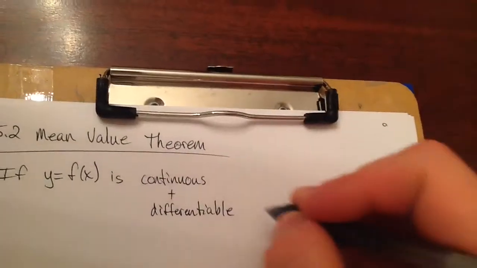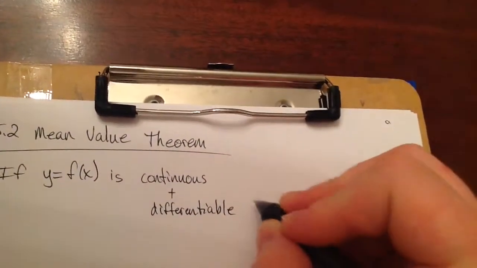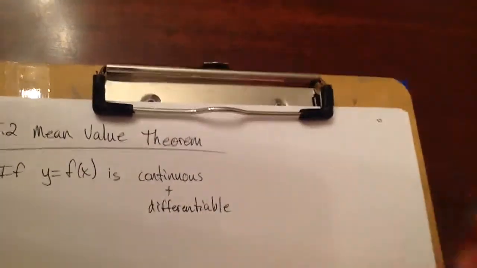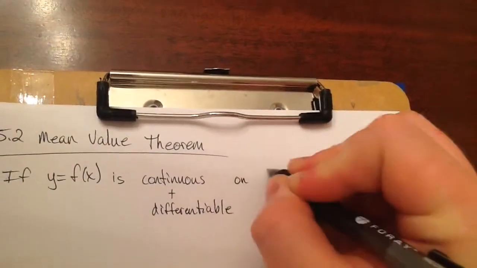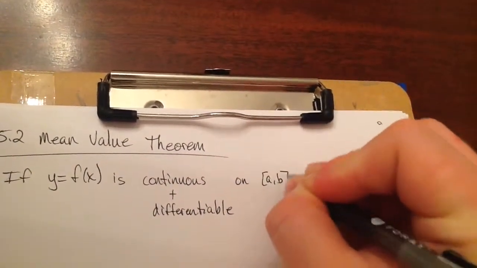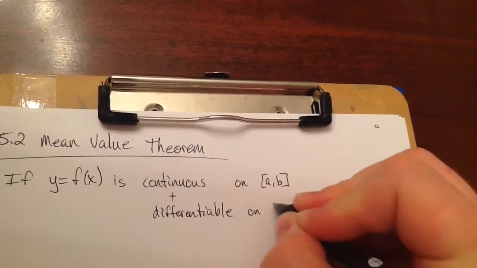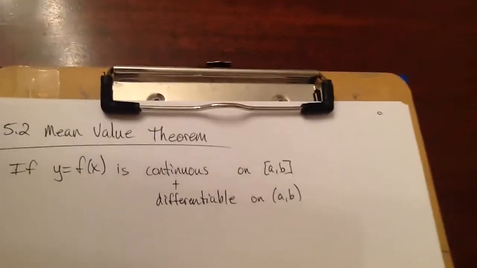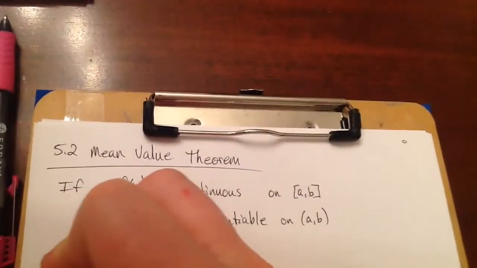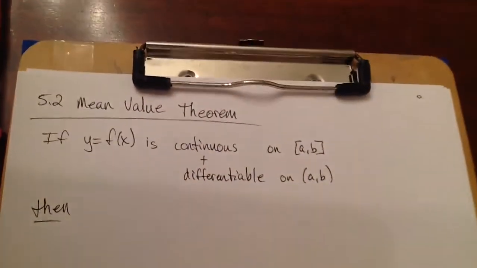Continuous meaning there's no breaks. Differentiable meaning there's no corners or breaks too. So if it's continuous on some interval from a to b, differentiable on the same interval, if those two things happen, then we can draw some conclusions.